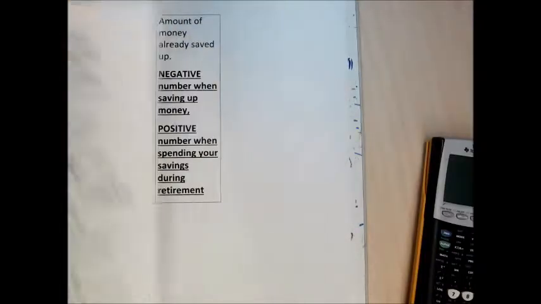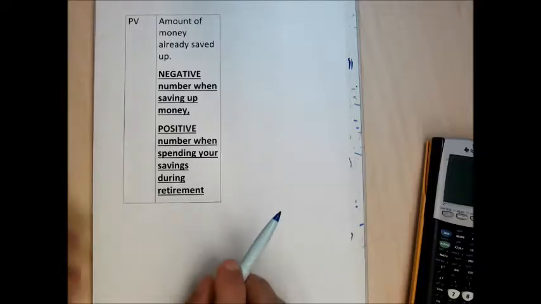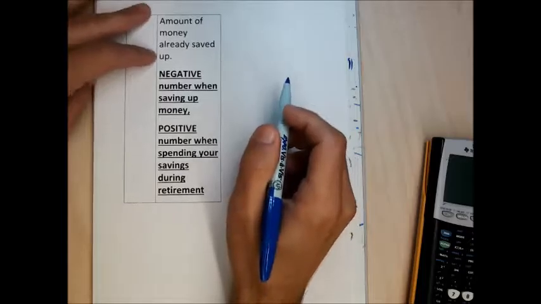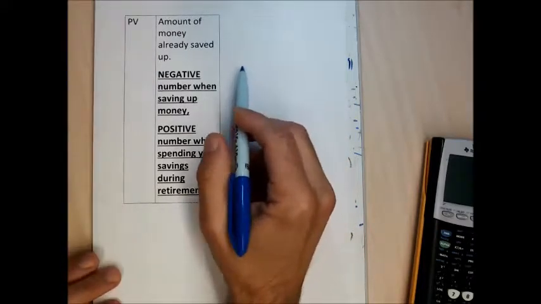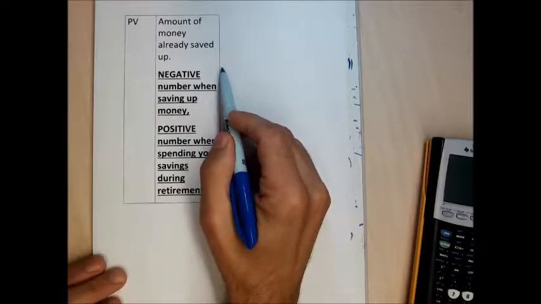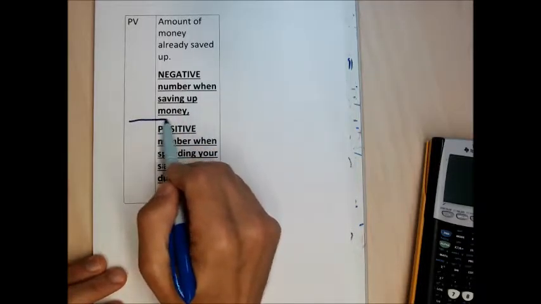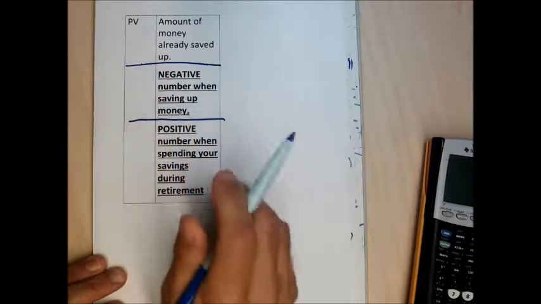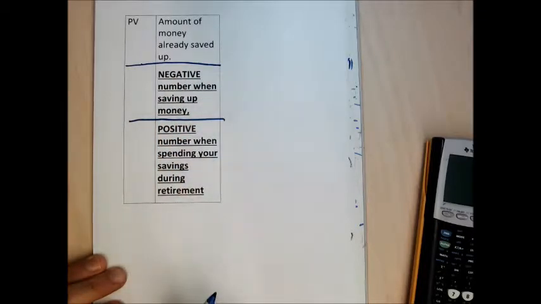It's the ugly PV that gets to be a little bit tricky. The PV is going to be the amount of money that's already saved up, and unfortunately the sign of it is going to be important. Whether you're in the process of saving up for retirement, or you're already retired and pulling money out of that account, the sign of the PV is going to make a difference.